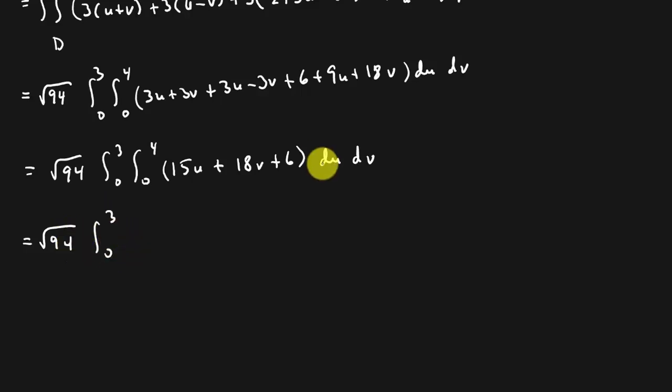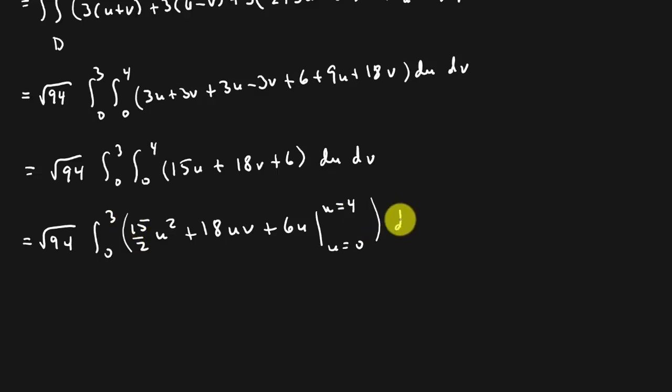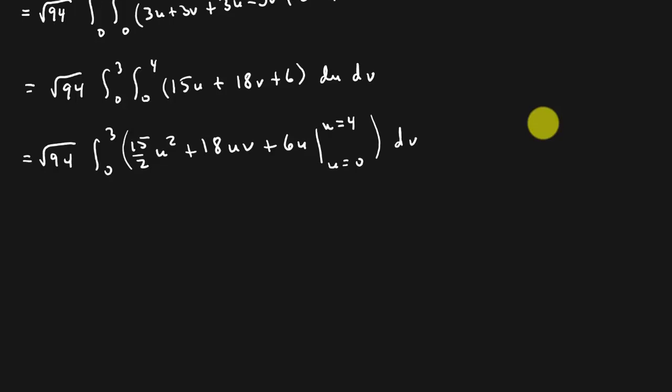Then we're integrating with respect to u first. So that's going to be 15 halves u squared plus 18uv plus 6u, and u is going from 0 to 4, dv.